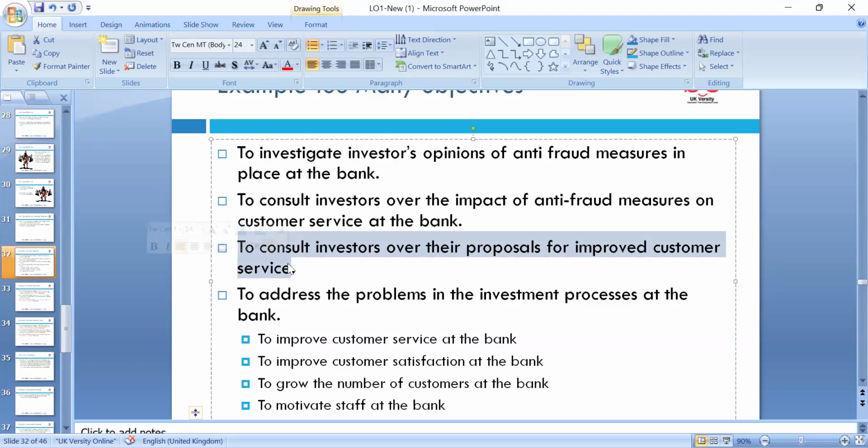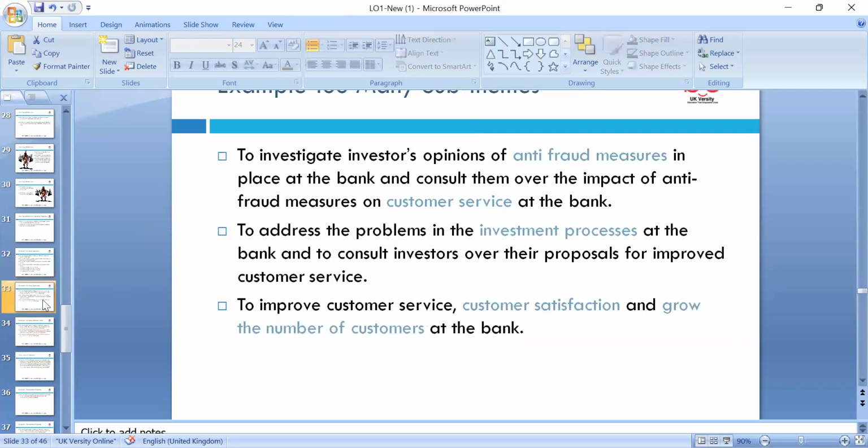That can address the problems in the investment process at the bank, and improve the customer service, customer satisfaction, and grow the number of customers at the bank. So these are the reasons why we're doing it: to tackle these problems and improve performance.